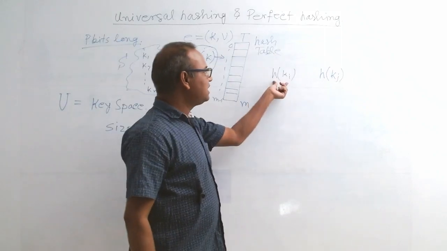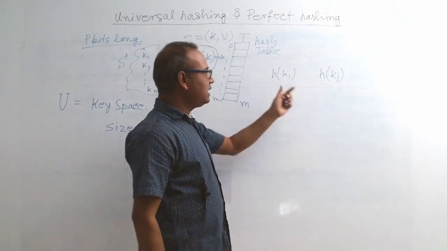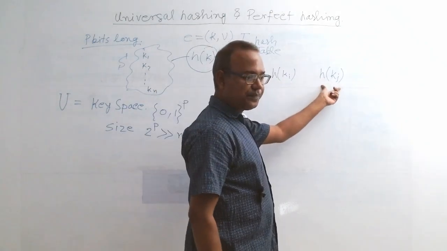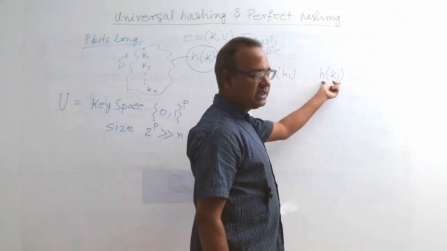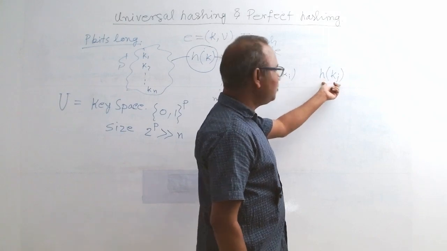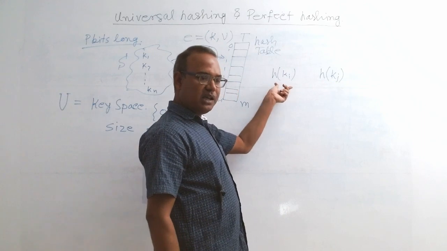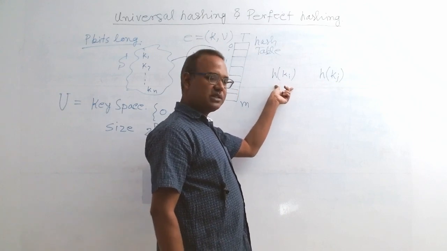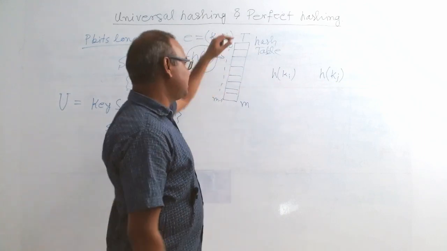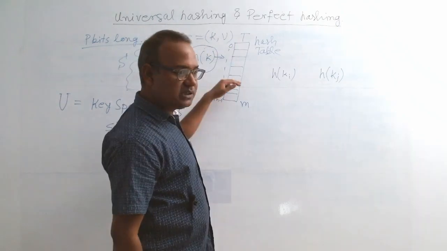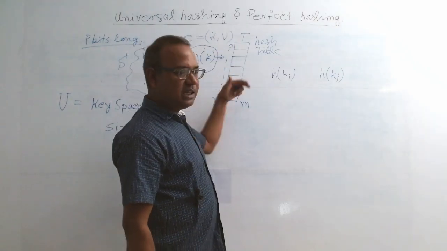Suppose we have inserted h(k_i), then we are inserting h(k_j). Is the value of h(k_j) independent of h(k_i)? If this happens, this is a good hash. It should be independent. If there are dependencies, then that is not preferred.